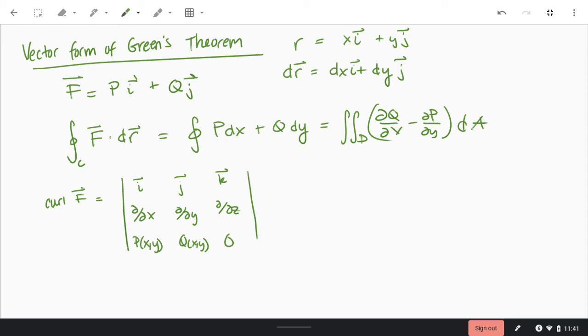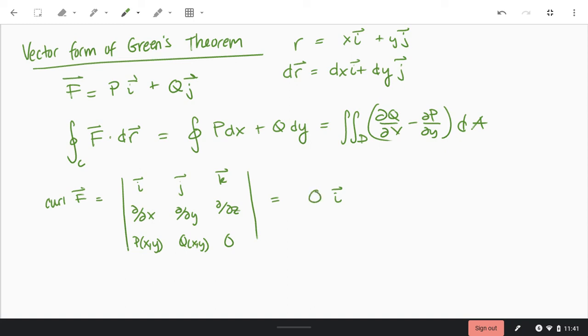So when I take my i component of my cross product, I'll have d/dy of 0, which is 0, minus d/dz of a function Q that's defined for x and y. So that would also be 0.